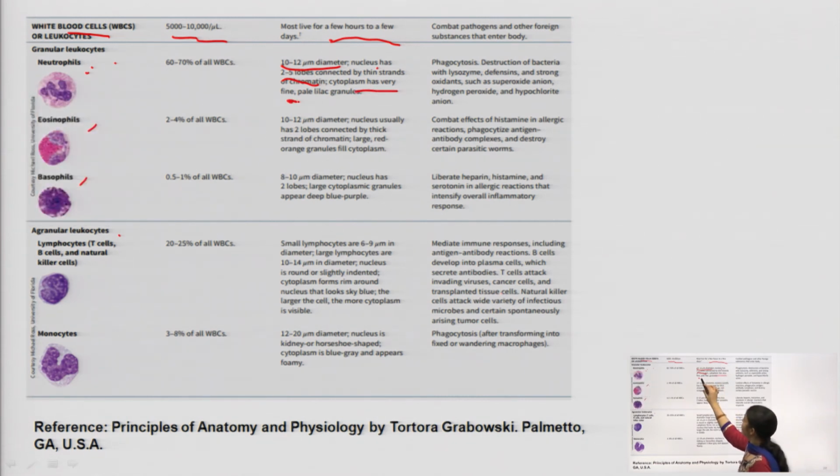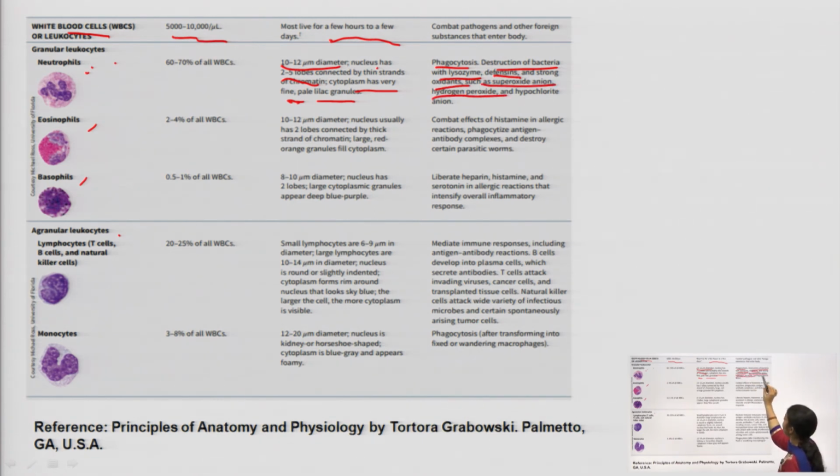The cytoplasm has very fine pale lilac granules. The main functions are phagocytosis, destruction of bacteria with lysosomes, defensins, and strong oxidants such as superoxide anion, hydrogen peroxide and hypochlorite anion.